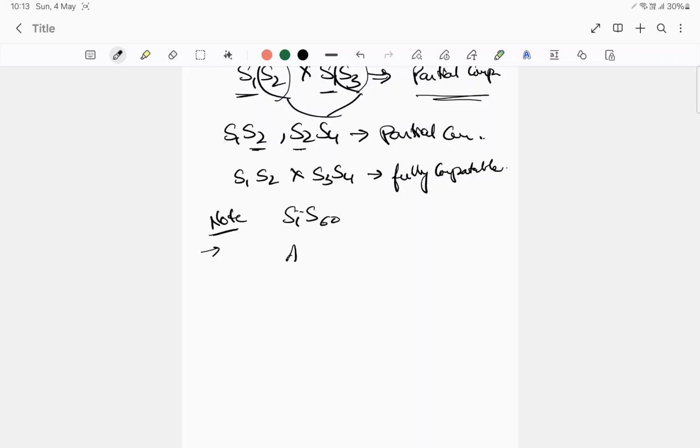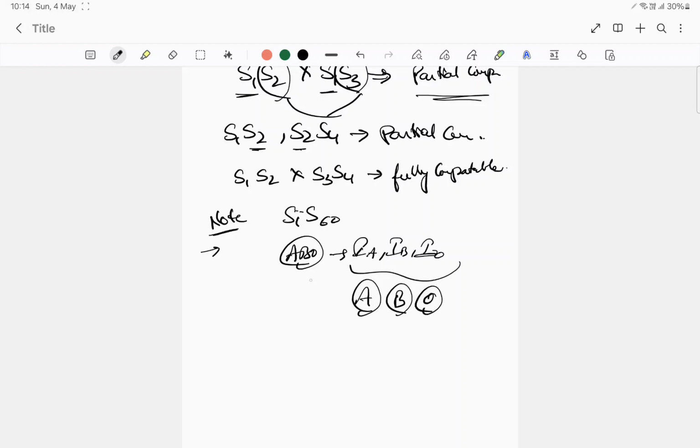For example, ABO blood group. In this, IA, IB, and IO, these three control the same character, that is blood group. However, the phenotypic character, meaning A blood group, B blood group or O blood group, will depend on whichever alleles are present.